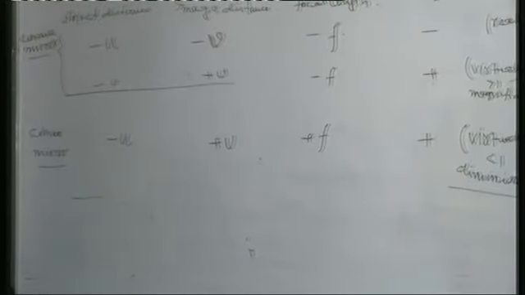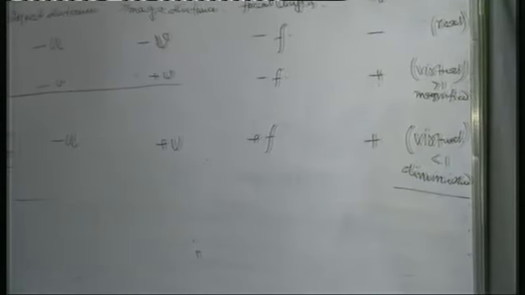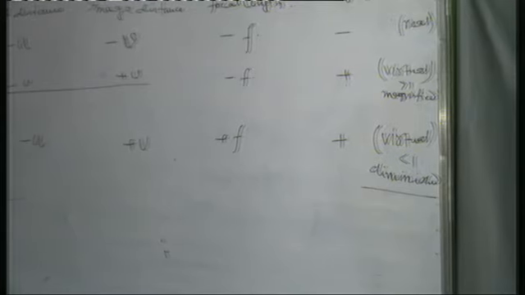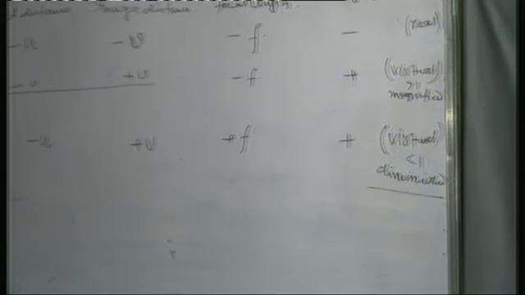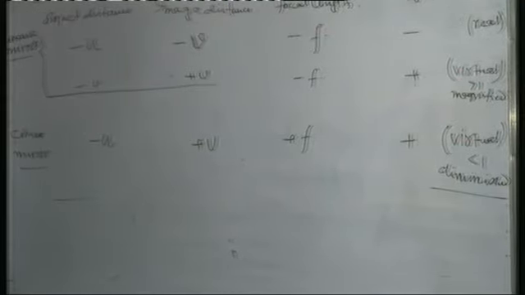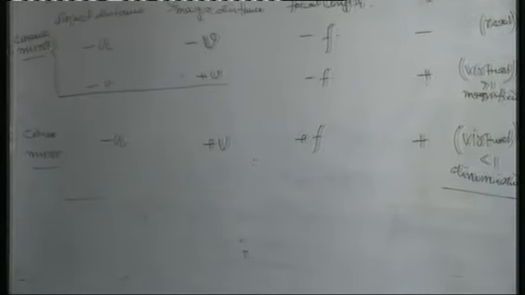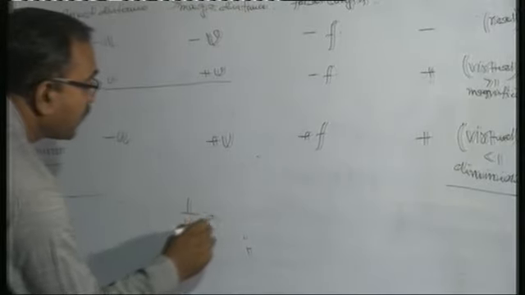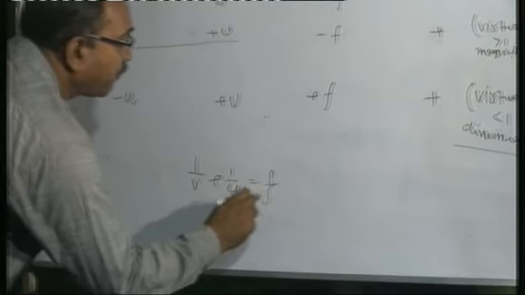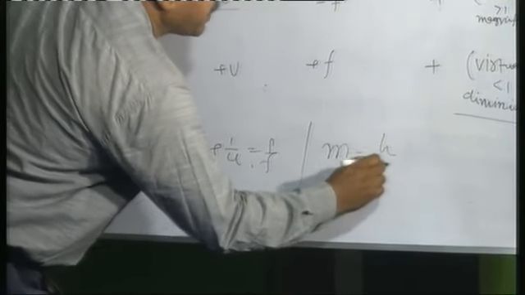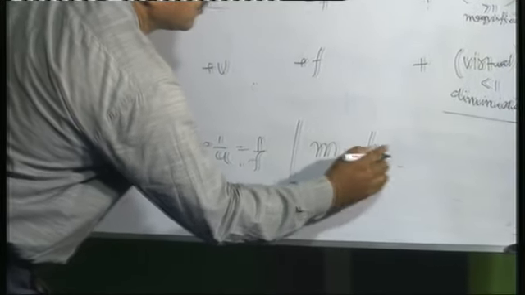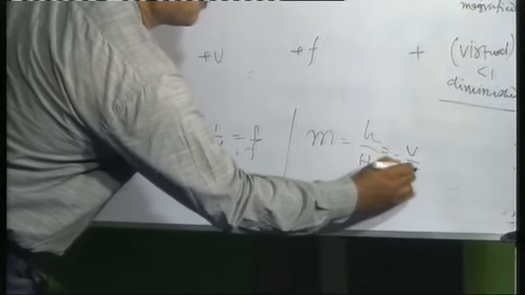So this is the summary. You must remember it for your numericals. So many formulas are there. Formulas means you know the formula: 1 by v plus 1 by u equal to 1 by f, and magnification m equal to h by capital H equal to minus v by u.